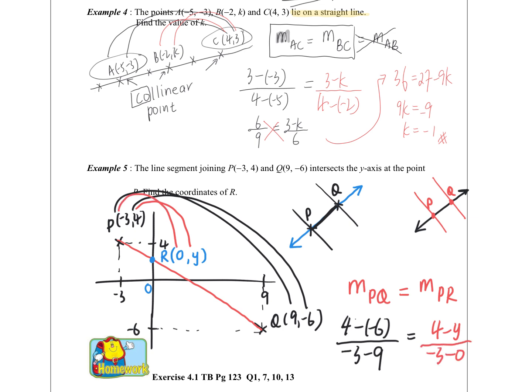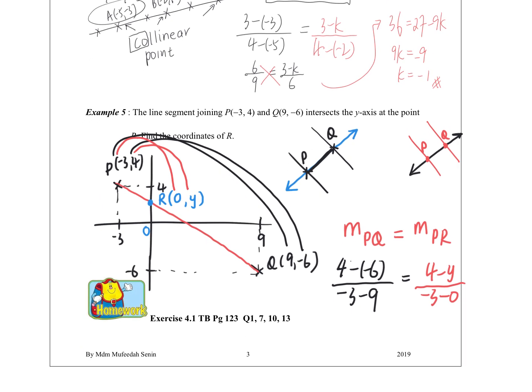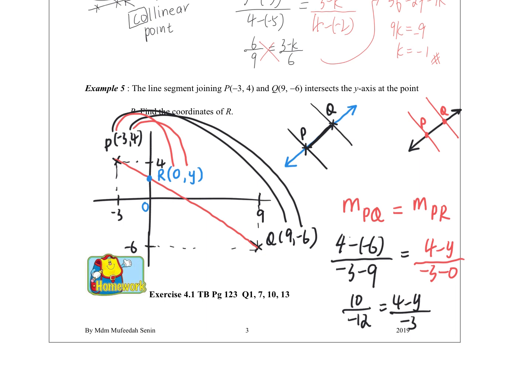Always start from y. Y is on top. I have so many batches of students doing gradient with difference of x above, then all your answers are opposite. So don't do that. 10 minus 12. Oh yeah, there's a minus. Then you go and cross multiply and solve.